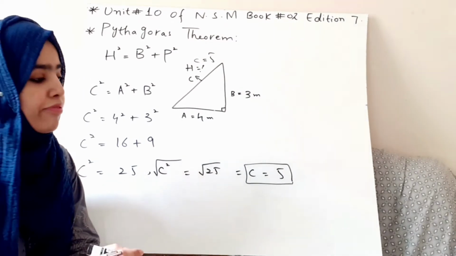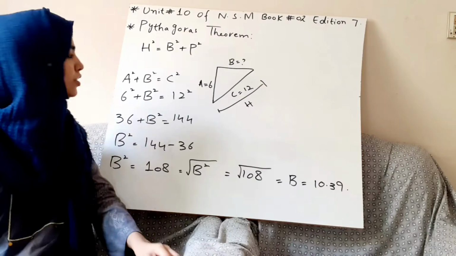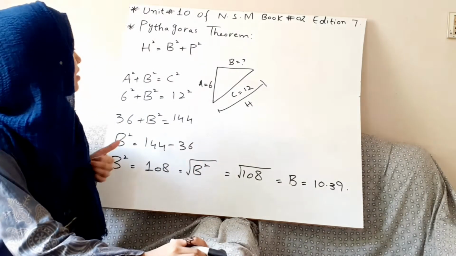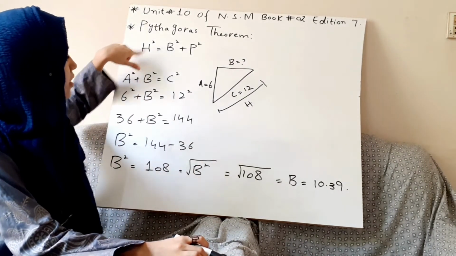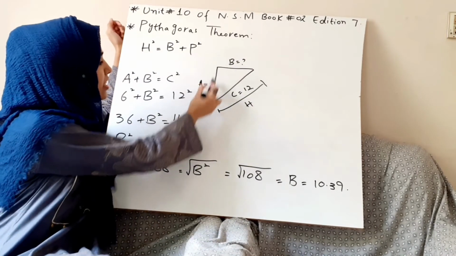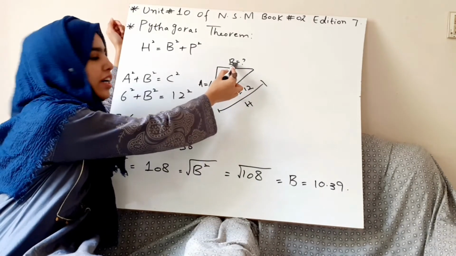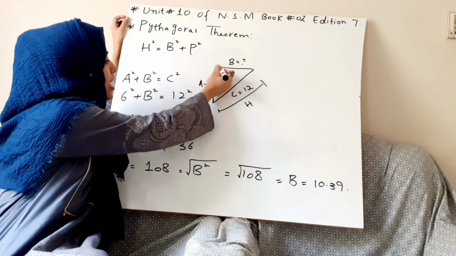So far what we have done. So let's take another example to clear the concept. In this example we are given this figure in which this side length is A equals 6, and this side B we have to find out, and that is a right angle.